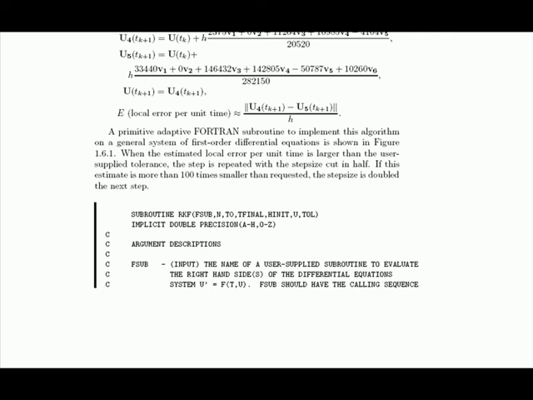In the book is a very simple adaptive Runge-Kutta method. Basically, all adaptive methods use 2 different methods. Every step they take, they use 2 different methods and compare the solutions, and if the 2 different methods give results that are almost the same, the step size is assumed to be good, and you go on.